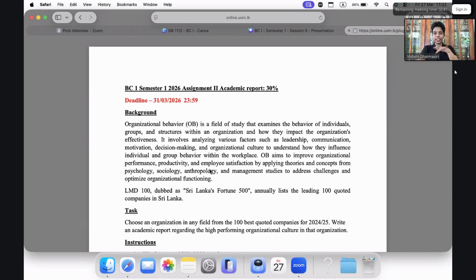That means leadership, communication, motivation, decision making, organizational culture. Within these subheadings you can explore how they impact individual and group behavior within the workplace.